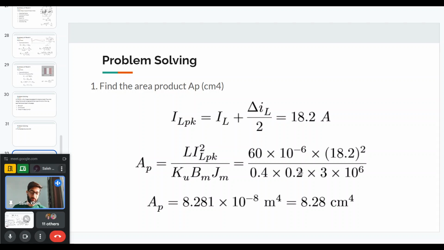So you have to translate that mm into meter square, and then you find the area product, which in this case is equal to 8.281 times 10 to the minus 8 meter raised to the fourth power. And then if you convert it into centimeter, you get 8.28 centimeter raised to the fourth power. So the answer is 8.28. Be careful about the units in this case.